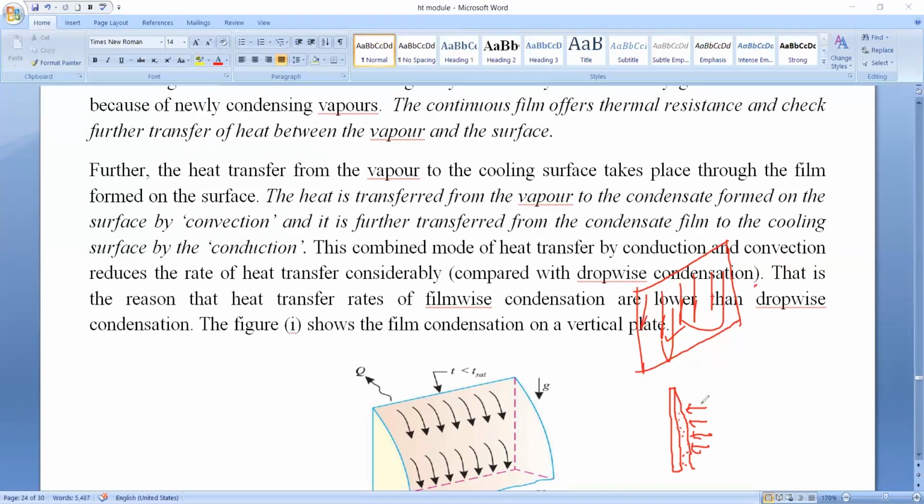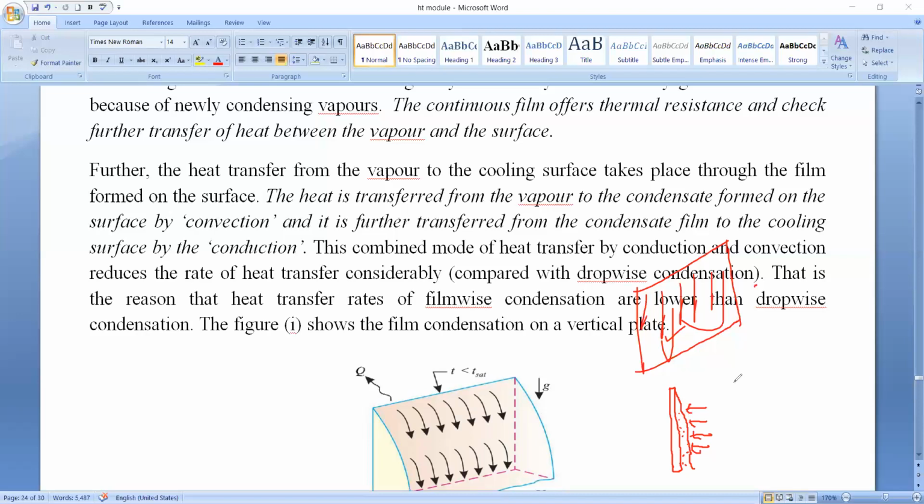I repeat, the heat transfer from vapor to the liquid condensate film is by means of convection, and further the heat transfer from the outer layer of the film to the inner layer of the film is by means of conduction.